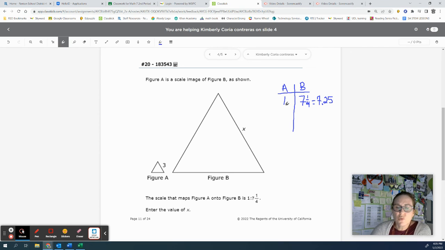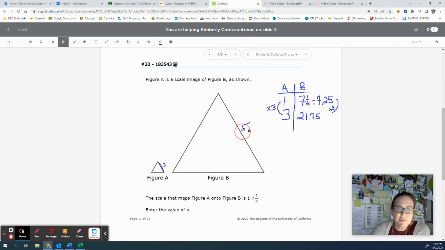The ratio is 1 to 7.25. We know that 3 is here, and we want to know what x is. This becomes a 3, and to get that to become a 3, we multiply by 3. So we're going to multiply this by 3. And you can use a calculator, but it's going to come to 21.75 is the value of x.